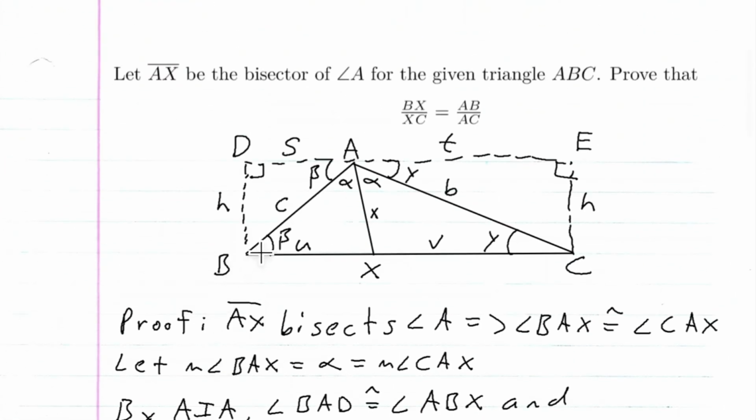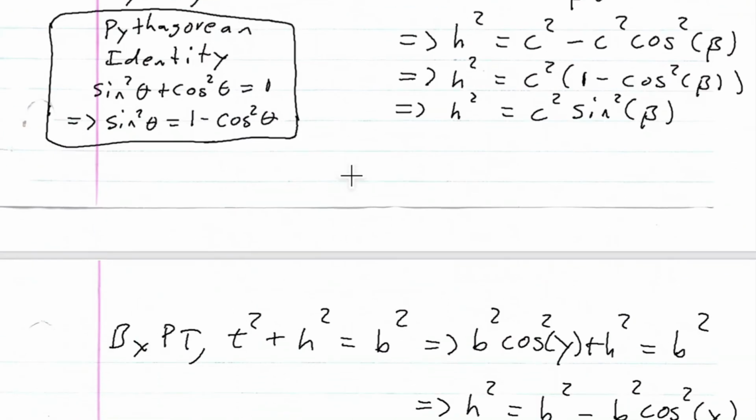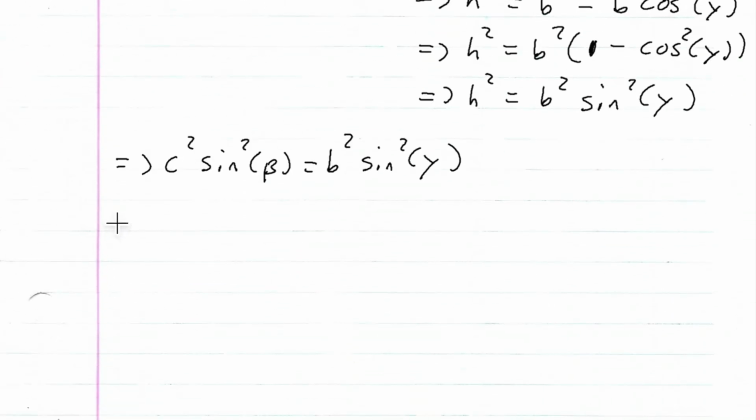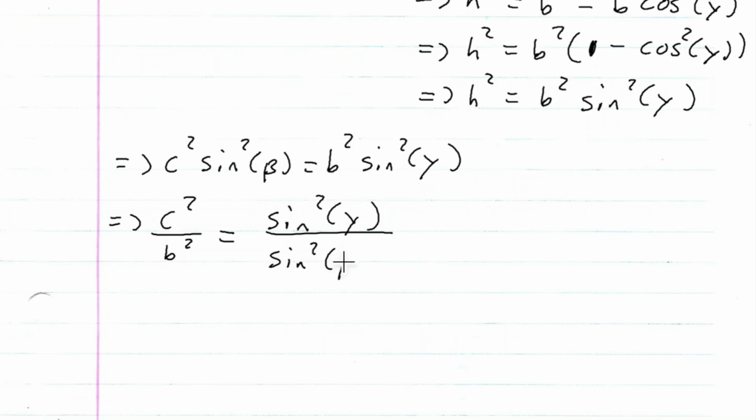Because look, c is AB, right? And b is AC. So I essentially have that c squared over b squared is equal to sine squared y over sine squared beta.